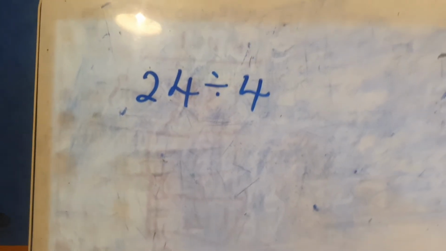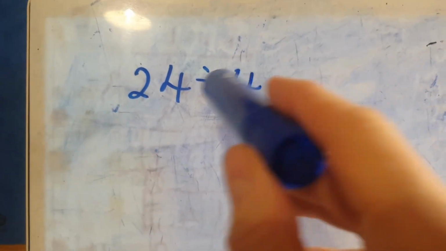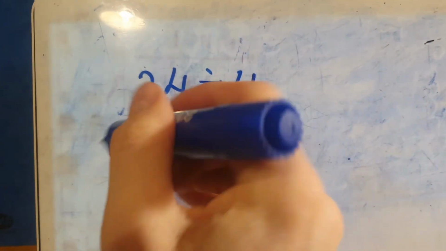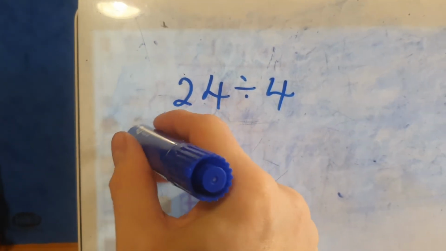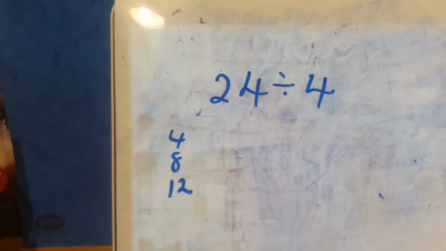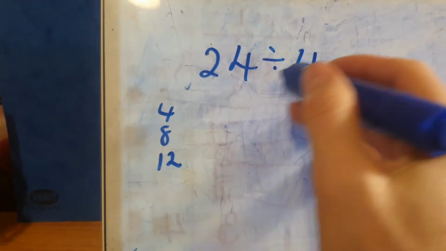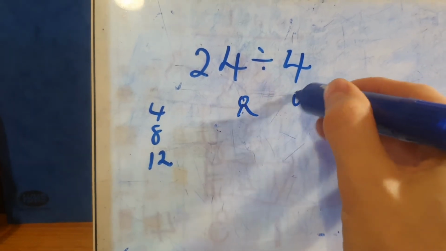And then the division one, 24 divided by 4. It's asking you how many 4s are in 24. So you could count up in your 4 times tables. Or you could do sharing.